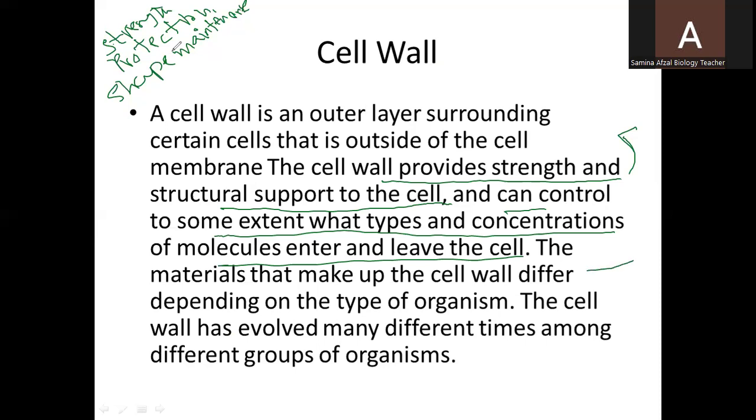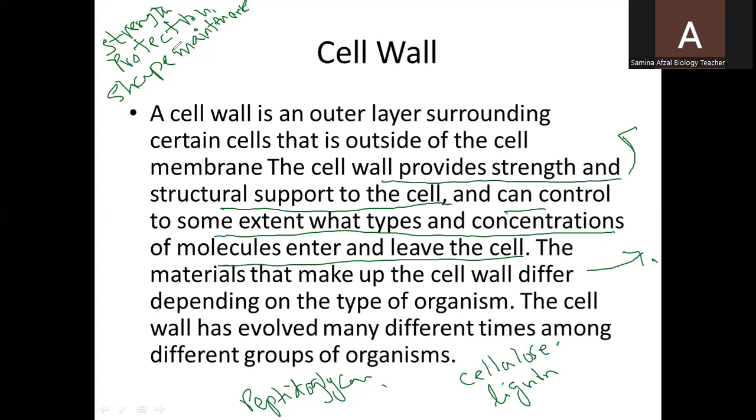Depending on the type of organism, the materials of the cell wall differ: cellulose, lignin, peptidoglycan. These are the different materials which can make up the cell wall of different organisms.